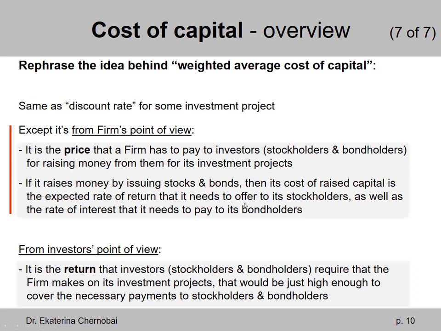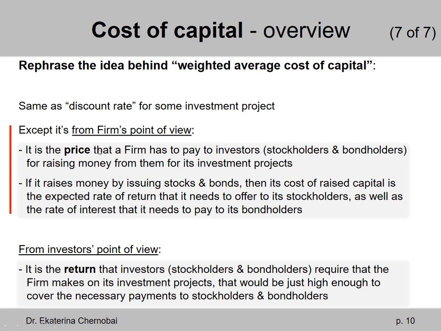We are looking at those from the point of view of the firm, rather than from the point of view of the investors. So, from the firm's point of view, the cost of capital is the price that the firm has to pay to stockholders and bondholders for raising money from them for its investment projects.